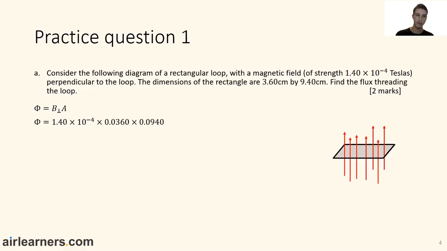So it's 3.6 centimeters by 9.4 centimeters. Make sure that you always use the standard units, which is why it's 0.036 and 0.094. And you get 4.74 times 10 to the power of -7 Webers. That's the answer there. Mark allocation, you get 1 mark for the first 2 lines and 1 for the answer.